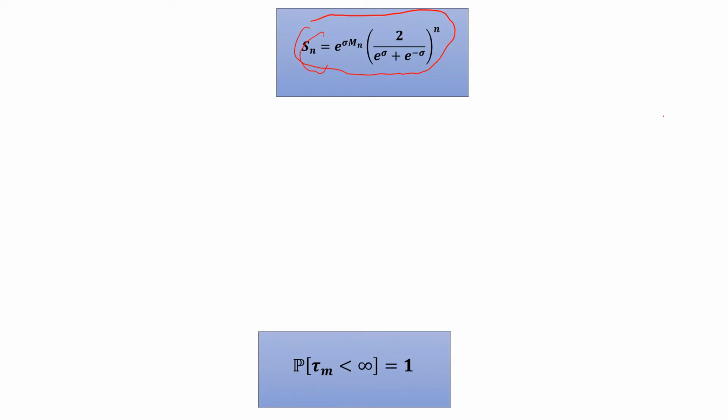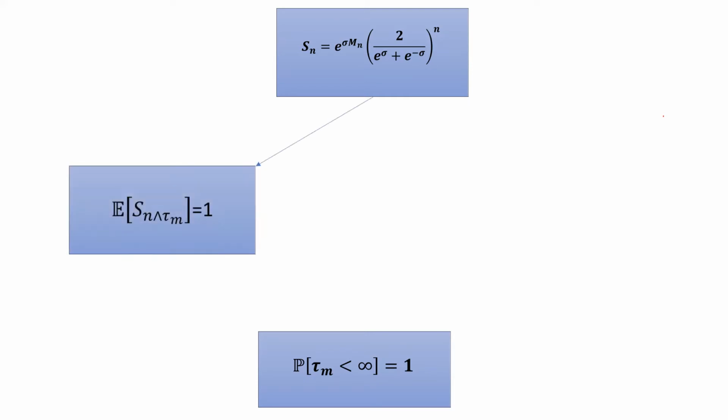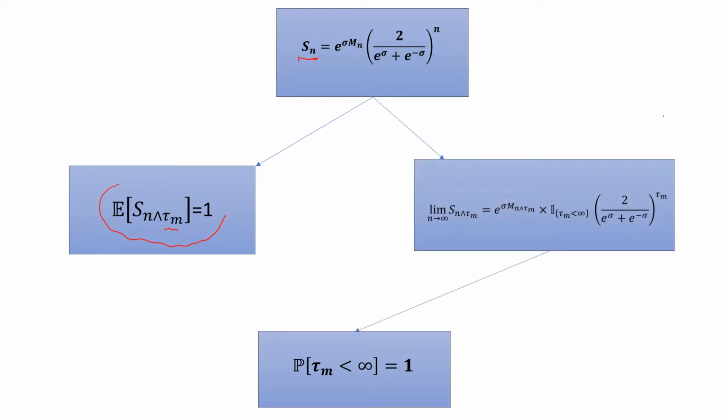So this is the map of our game plan for our proof. First, we're going to take some time and show that this property here is true. What this is saying is that the expected value of the stochastic process that we define here, stopped at the stopping time tau m, is actually equal to 1. The expected value is equal to 1. After showing that, we will show a second property as well.